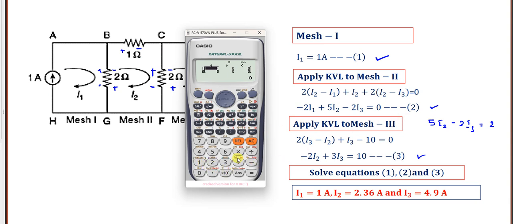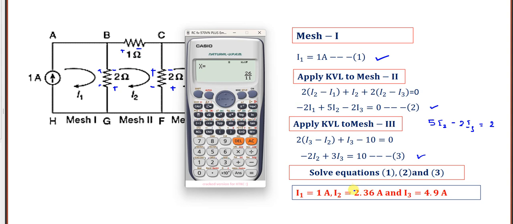Select the coefficient of I2 as 5, minus 2, equal to plus 2 on the right side, and from equation number 3, minus 2, plus 3, equal to 10. You simplify this, you'll get I2 and I3. Unknown variables are I2 and I3.